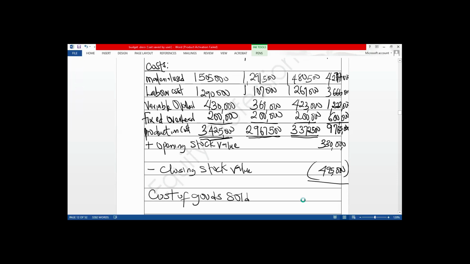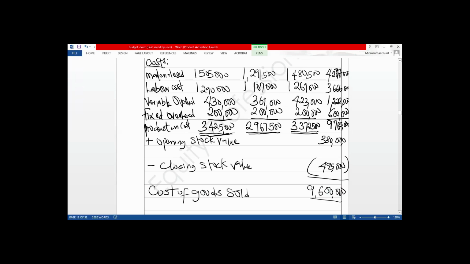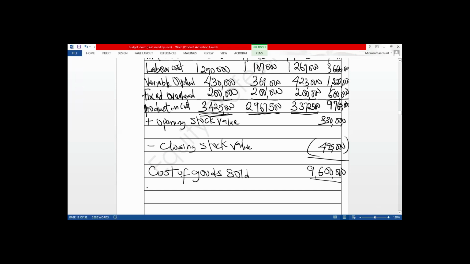Cost of goods sold is 9,600,000. You can now get your profit. Your profit is net sales minus cost of goods sold.